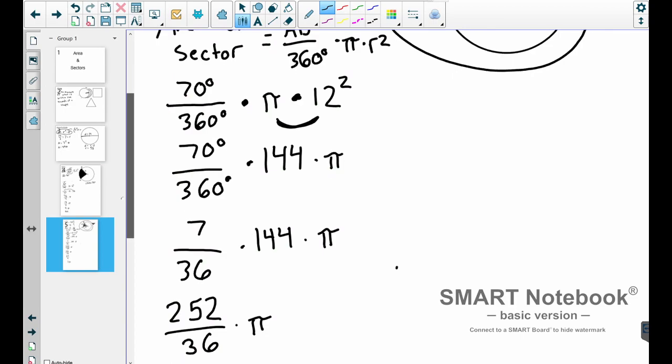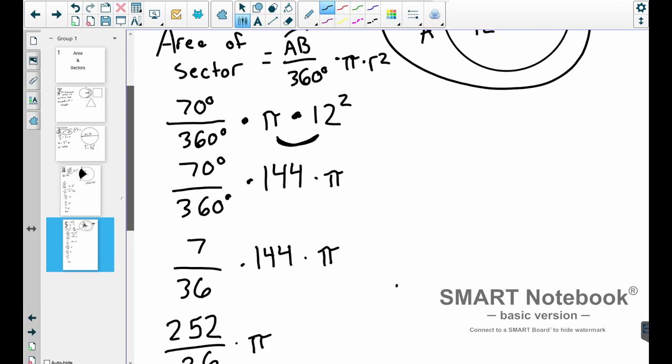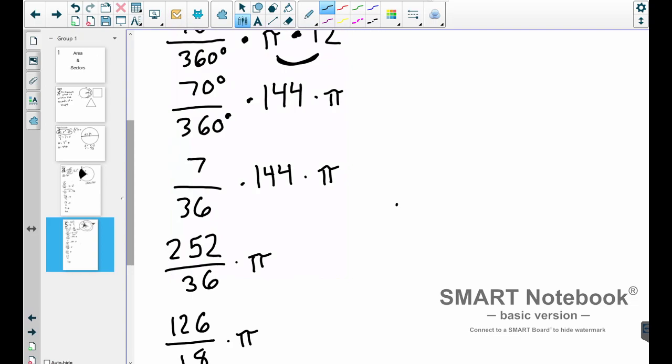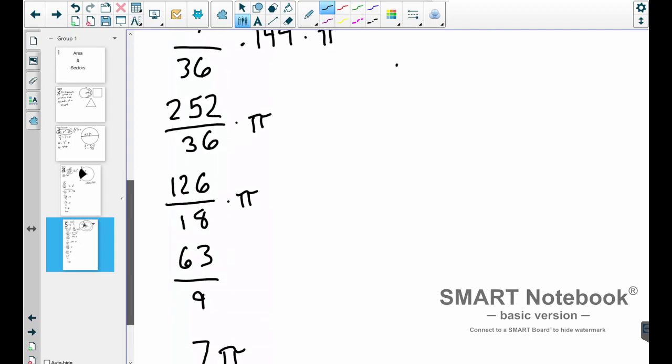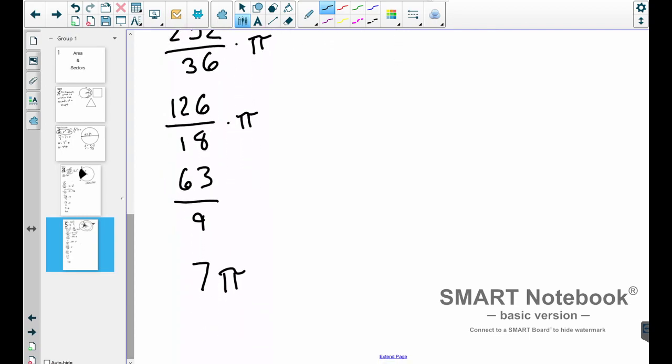So we're left with 70 over 360 times pi times 12 squared, which gives us 70 over 360 times 144 times pi. We multiply our 144 on top, giving us 252 over 36, and we eventually reduce that down to 7 and have our pi still there. Remember, guys, you don't have to put that pi in your calculator. Pretend like it's not there, but do not forget to write it in your answer.